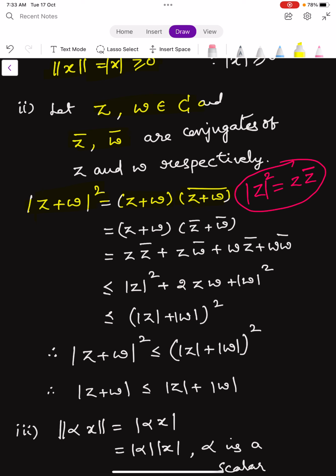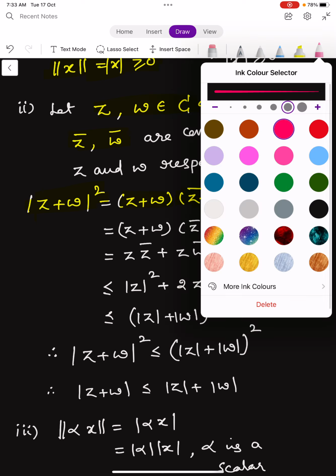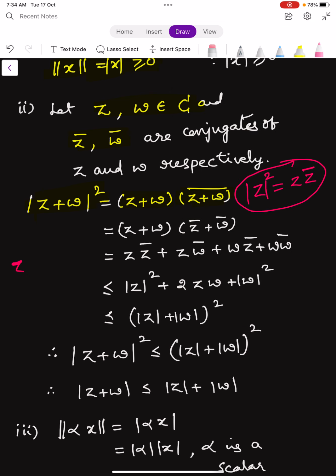Again we know that z1 plus z2 whole bar is equal to z1 bar plus z2 bar. By using this fact, it can be written as z bar plus w bar. Now we multiply with one another: z into z bar, z into w bar, w into z bar, w into w bar. So we get this step.